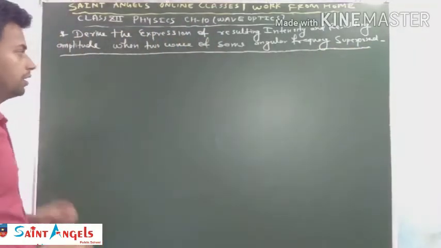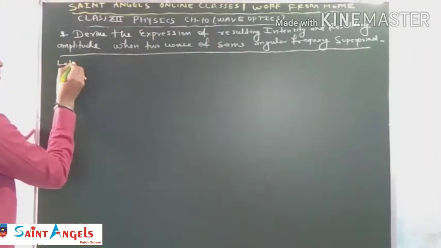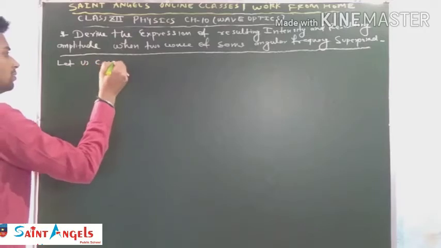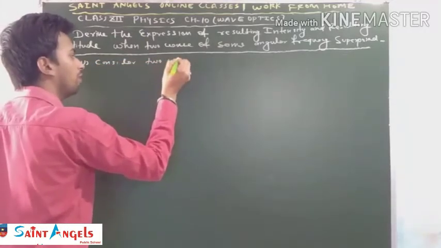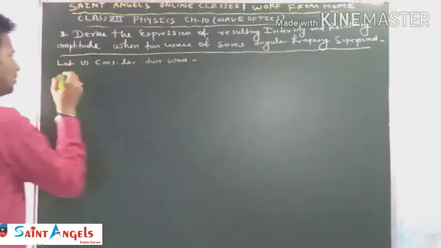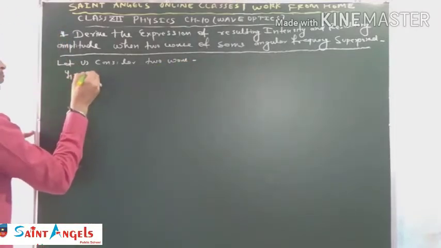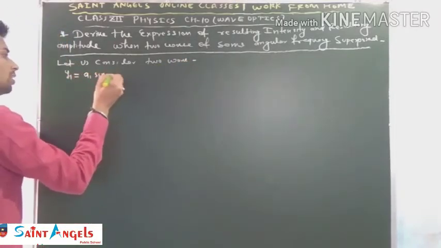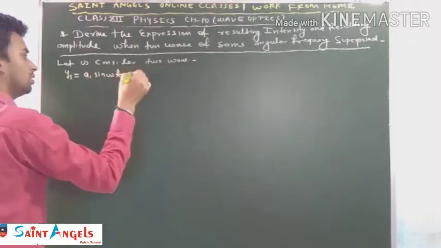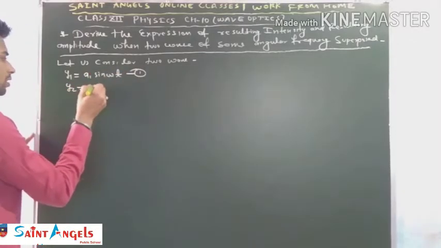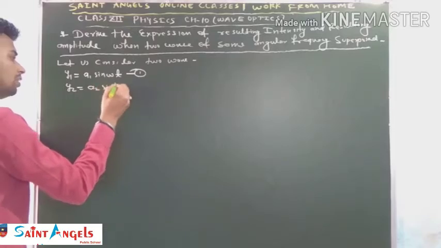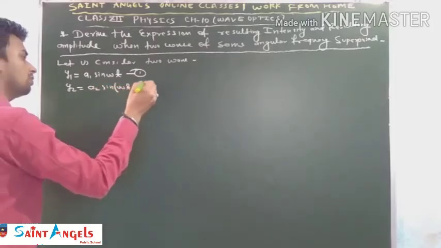So student, let us consider two waves: y1 equal to a1 sin omega t, and y2 equal to a2 sin (omega t plus phi).